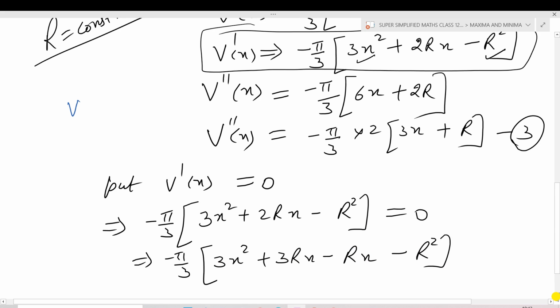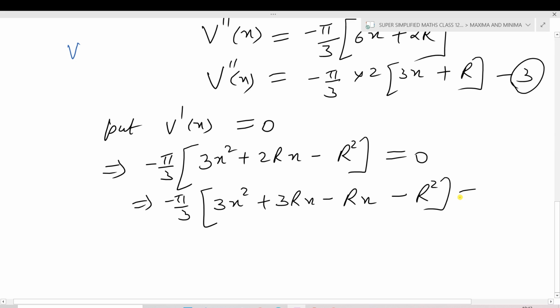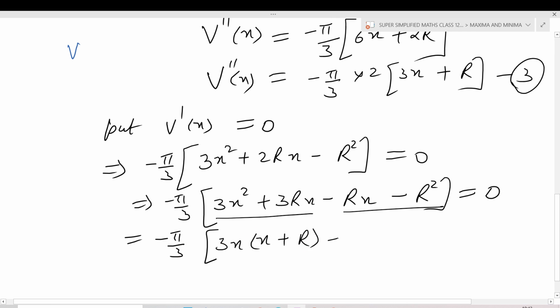so we have x plus r. From last two terms I can take minus r common, so I will again have x plus r, and hence I can write 3x minus r into x plus r equal to 0.